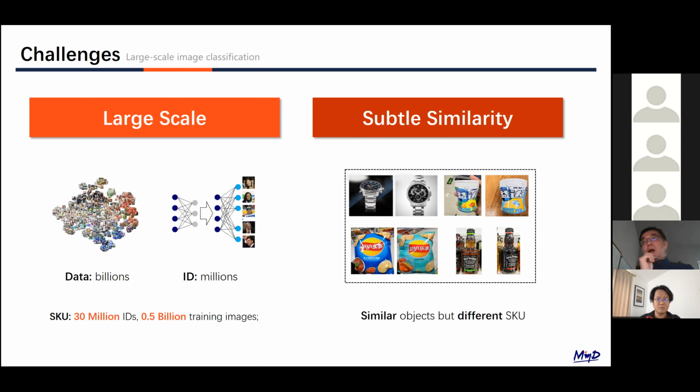On the other hand, as a consequence of this large dataset, there are subtle differences, because many of the products actually bear a large similarity, particularly products created by the same brand or the same manufacturer. They have a very similar visual appearance, even though they belong to different product IDs. So all this causes difficulty in image matching.